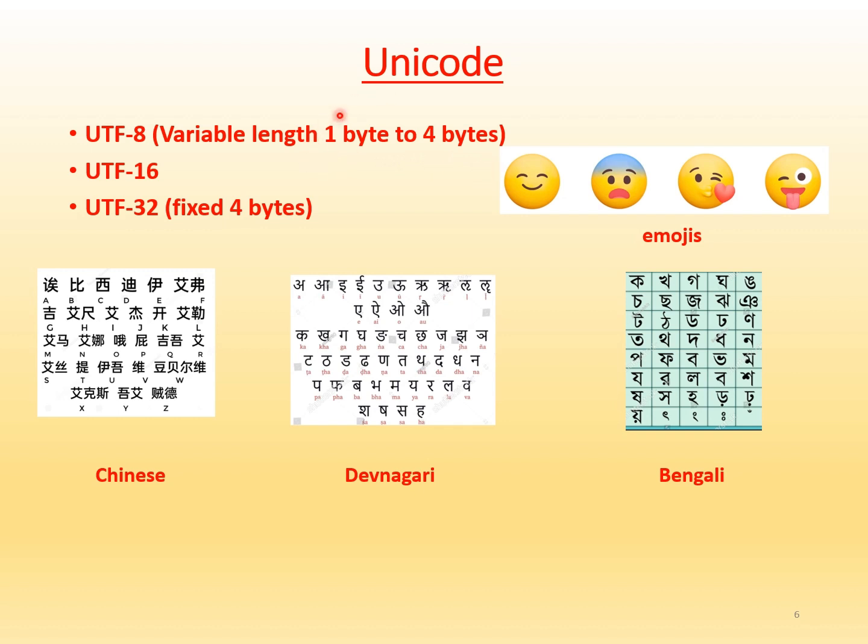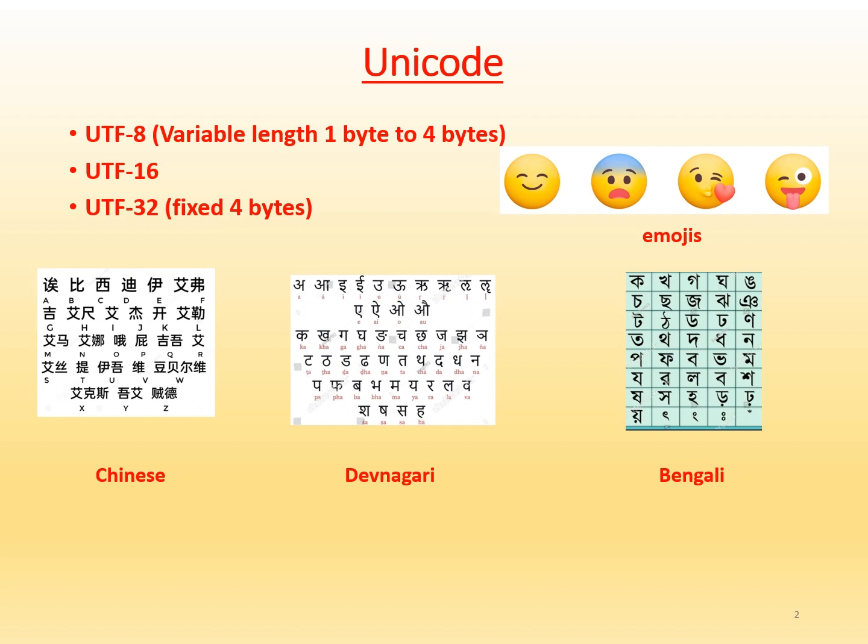The English language was the first language that was used in ASCII code. So to keep compatibility in Unicode, English will be used with 1 byte. And for other languages like Bengali or Devanagari, more bytes are needed. So if UTF-8 is used, then it is a variable length code.